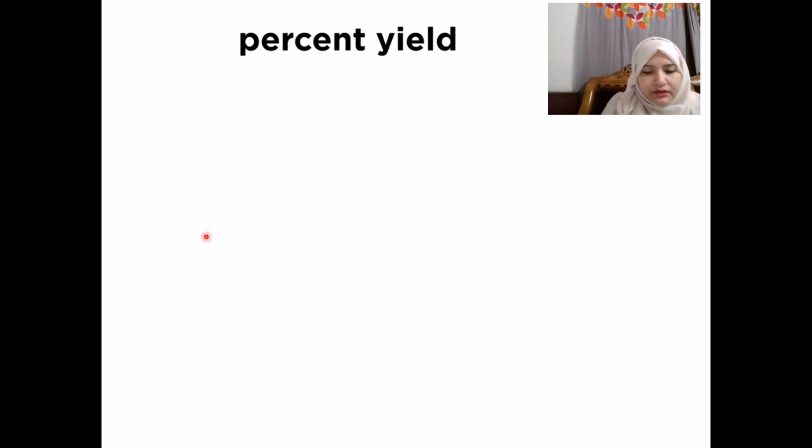Another real life limitation of chemistry is that when we are working in a lab or doing a chemical reaction, we want to get an amount of yield equal to the theoretical yield, but we never get the amount of product equal to theoretical yield, because the reactants used in the chemical reaction are not always 100% pure.